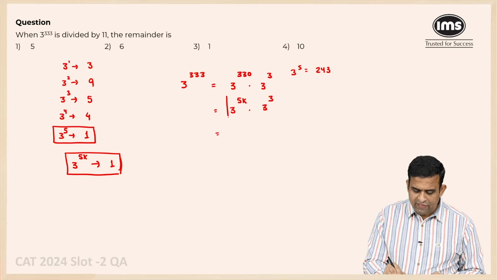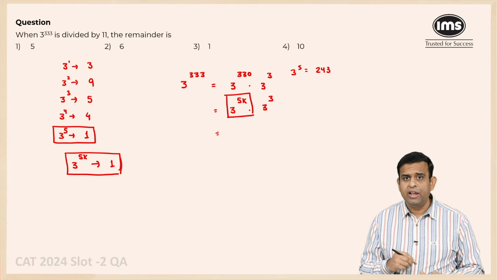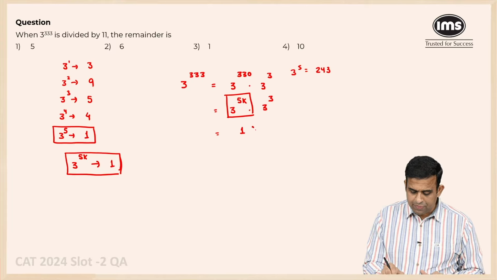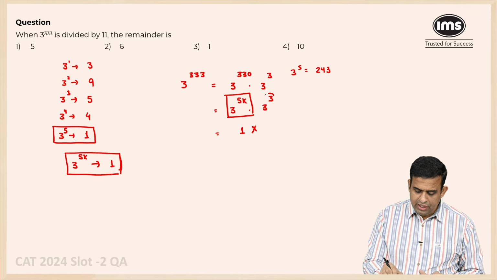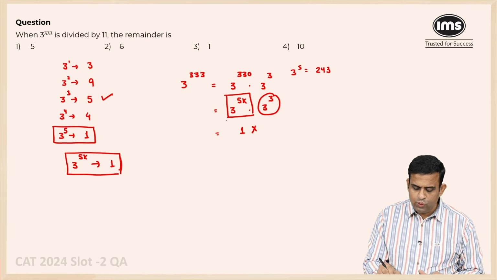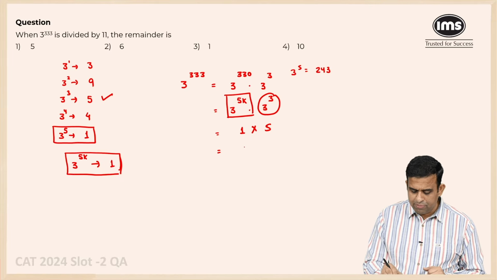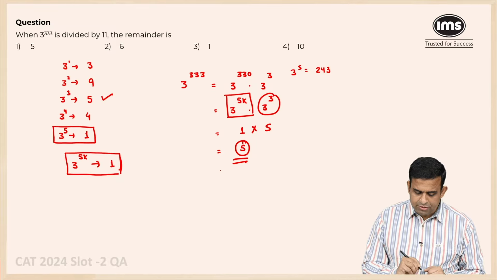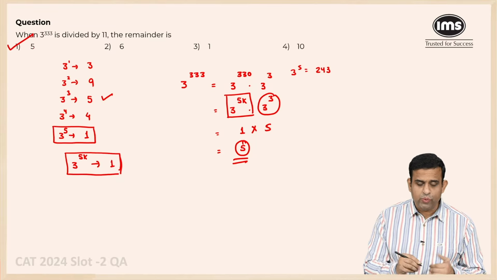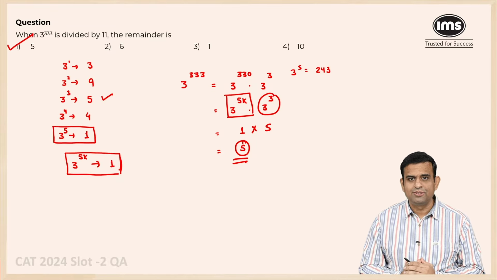If I divide 3 power 5k by 11, the remainder is 1. 3 power 3 when divided by 11 will give you a remainder of 5. And we know the rule: we can just multiply the remainders. 1 into 5 is 5. And that means my required answer for this question would be option number 1.